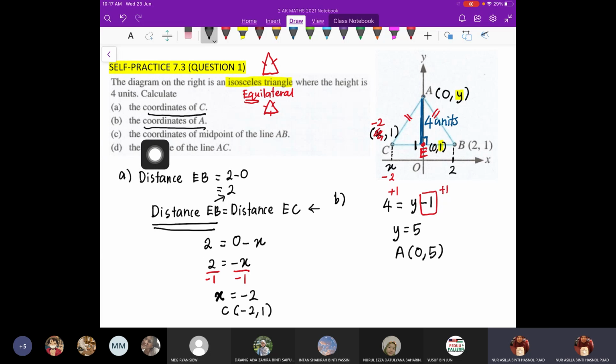Okay, done. Next, the coordinates of midpoint of the line AB. Okay, ni kita dah tahu kan? Okay, Y kita gantikan dengan 5. So kita nak tahu coordinates of midpoint AB. So between these 2 points.